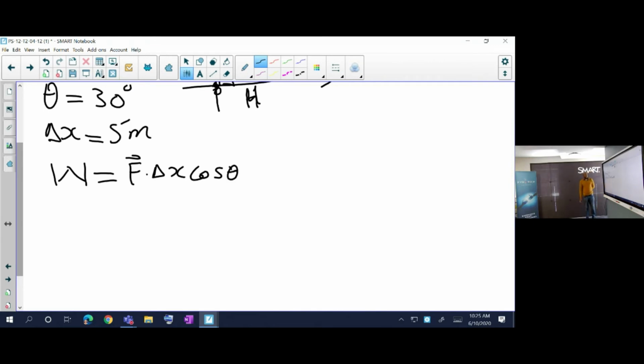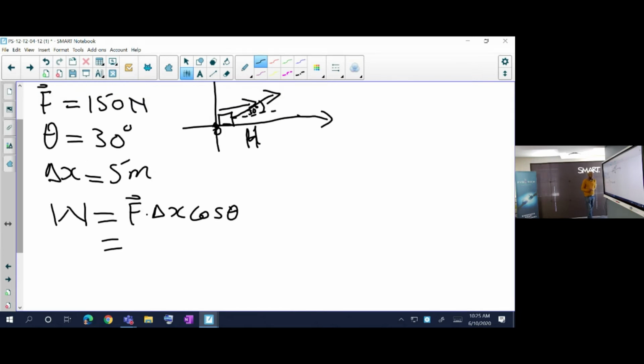We have been given the force and the displacement. What I need you to do is to substitute all the given information into this equation. We have 150 Newton.